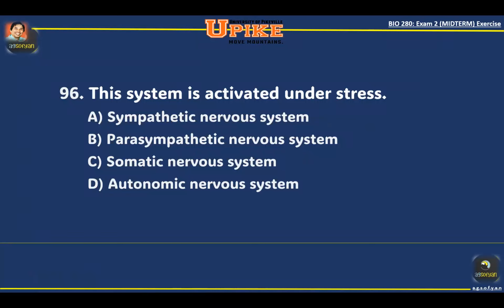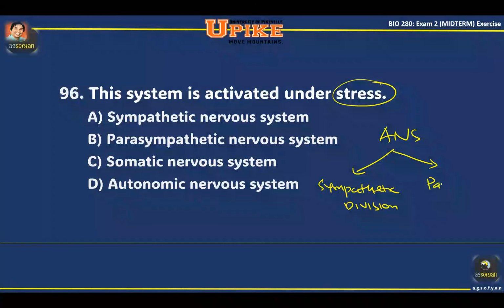The system is activated under stress. You have what we call the ANS, the autonomic nervous system, which is actually divided into 2 types. The first one is called the sympathetic division, and the second one is called the parasympathetic division.